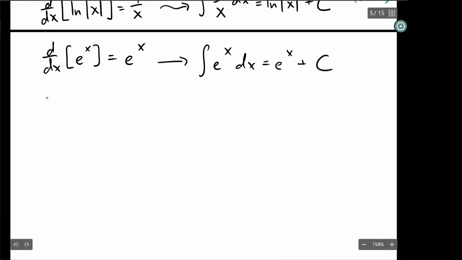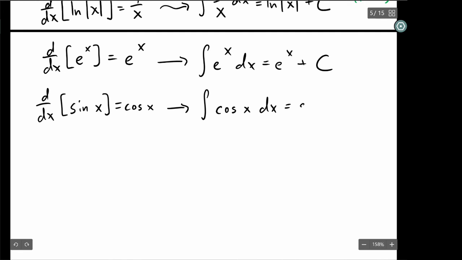A couple other functions here. Derivative of sine is cosine. And so when we integrate cosine of x, we just get sine of x. But again, plus c.